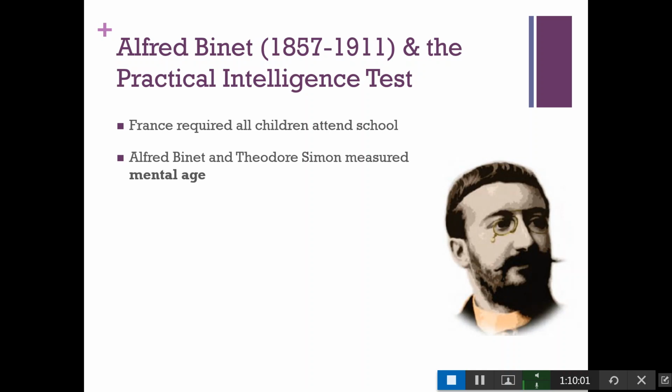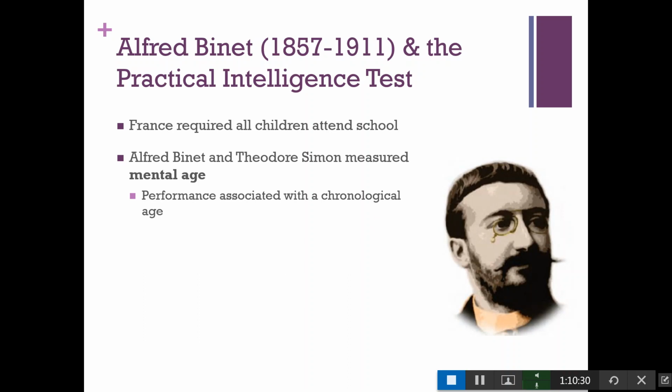So Alfred Binet and Theodore Simon measured what they called mental age. And so mental age is basically the chronological age that corresponds to one's performance on a test. So in other words, your mental age is where you score on a test.